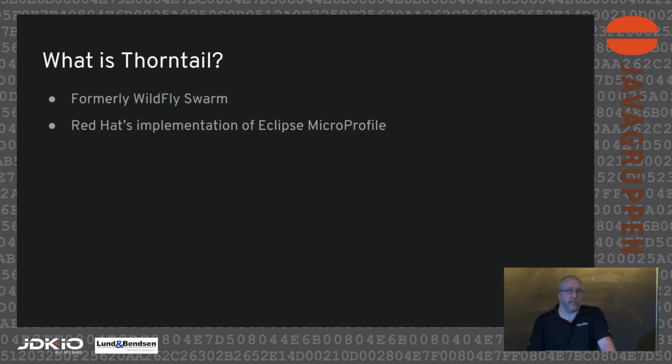The plan there is that we will work with other vendors and the community to come up with, I guess you could say, a shared implementation for the specifications of MicroProfile.